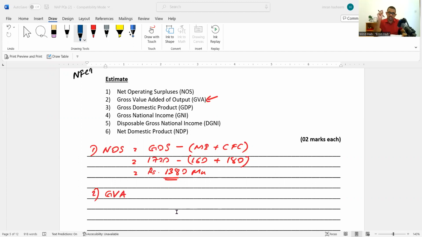Similarly, GVA goes without saying at. There we go. One of you has got it done. Shan, you are correct. Hamda, you are correct. GVA goes without saying what?